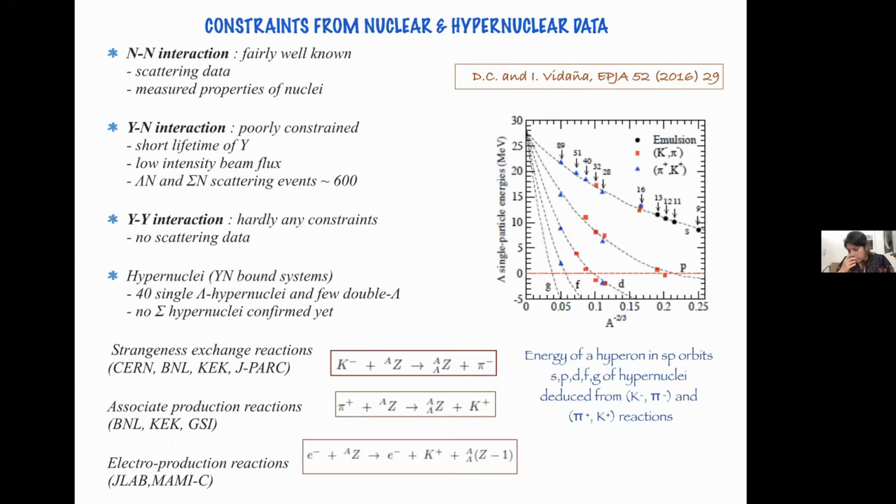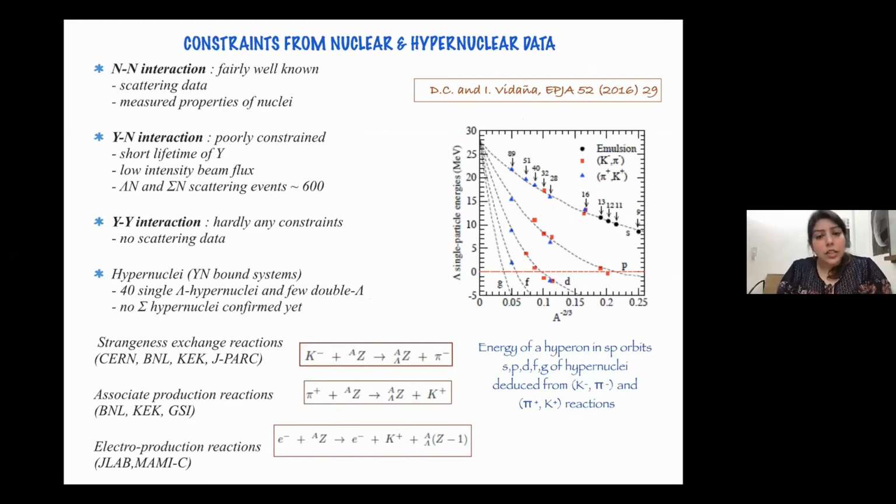This requires, again, some feedback from terrestrial experiments, and we already know that the nucleon-nucleon interaction is fairly well known, while the hyperon-nucleon interaction is actually poorly constrained. So the hyperon meson couplings, which are determined by it, are also poorly constrained.